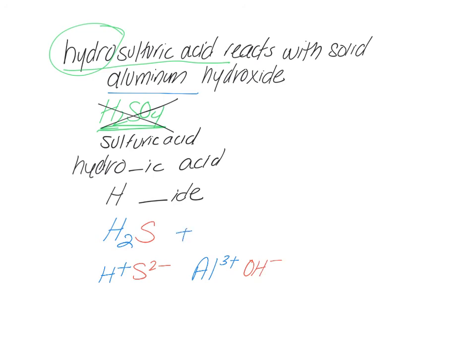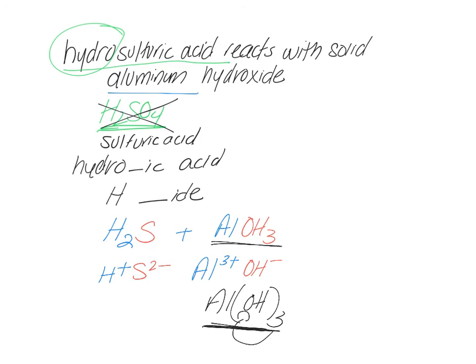Now it is super common for me to see this written like that. I want to point out that this is a lot different than this. Because if I asked you in this one on the bottom how many oxygens are here, there's 3 oxygens, right?